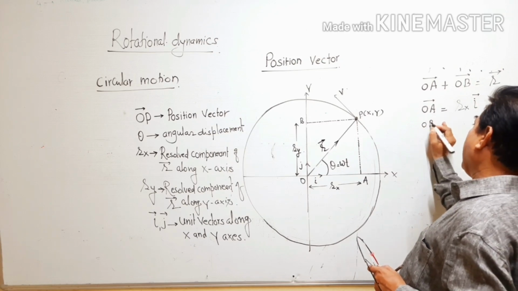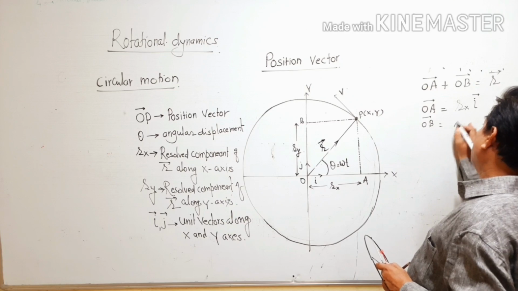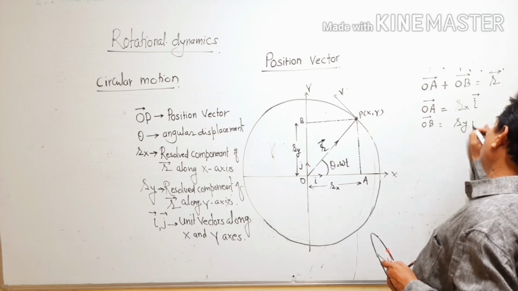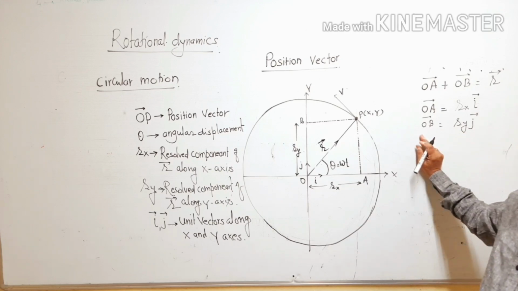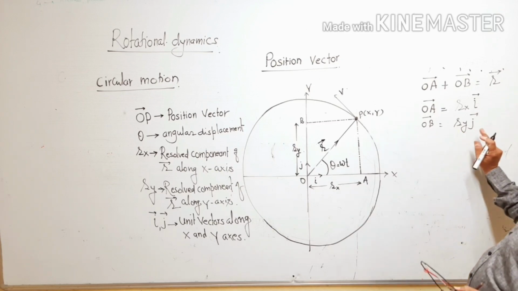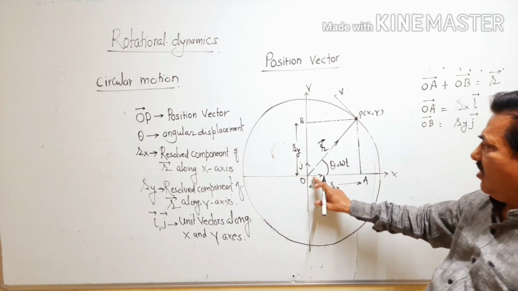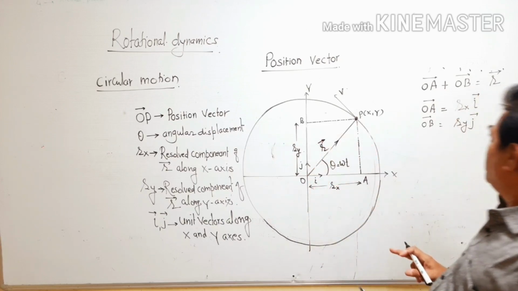Similarly, OB is equal to Ry into j, where Ry is the magnitude of vector OB and j is the unit vector along the y-axis.